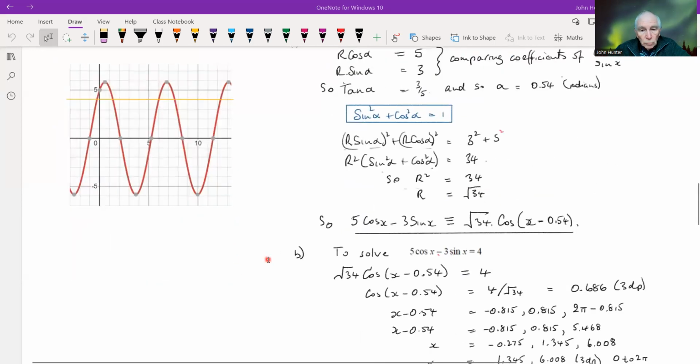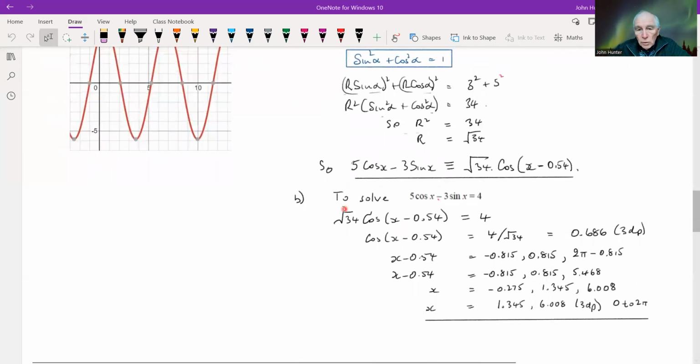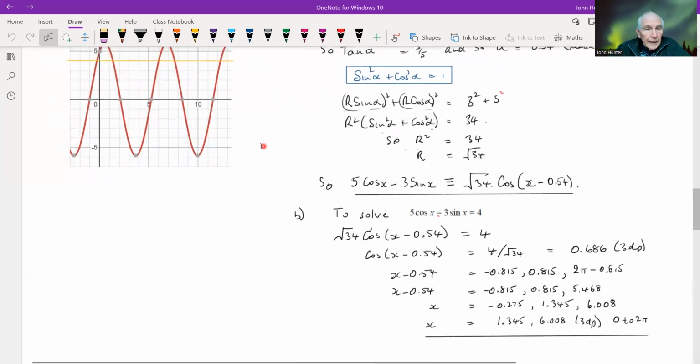Right. Let's just roll down to part B. Okay, so we want to solve this. We can solve this by using our alternative form, root 34 cos(x − 0.54) = 4. And just squeeze back up to the graph here.